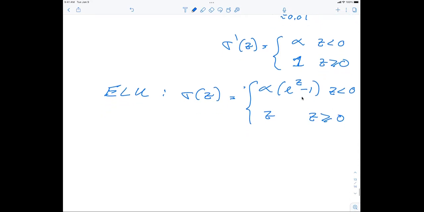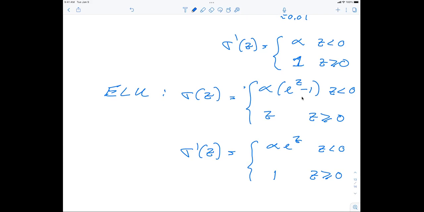And that has a derivative which is given by alpha times e to the power of z when z is less than 0, and then it's given by 1 when z is larger or equal than 0.